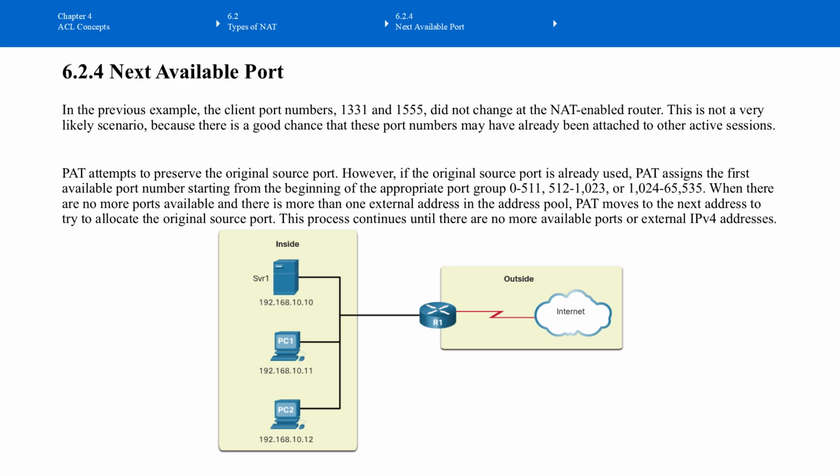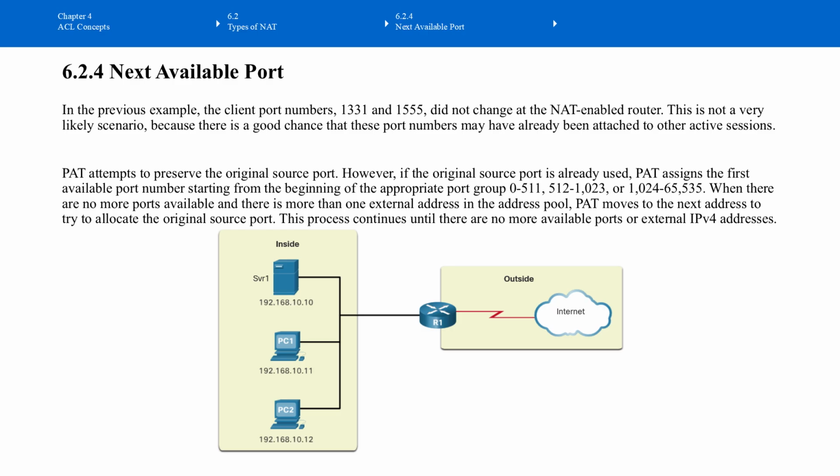In this example, PC3 wants to access the internet. PC3's private address is 192.168.10.12. So R2 looks at the NAT pool and assigns the first available public address. So 192.168.10.12 becomes 209.165.200.226.